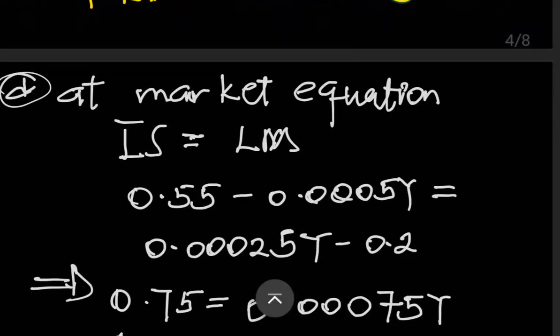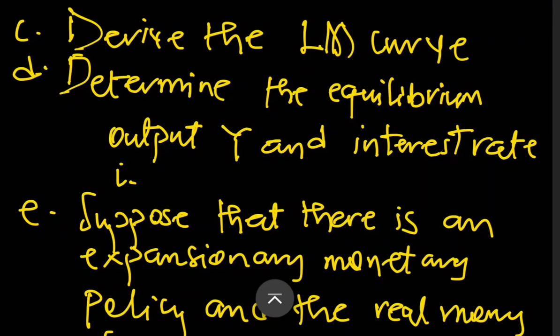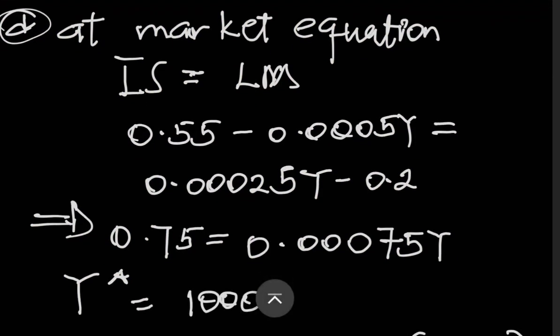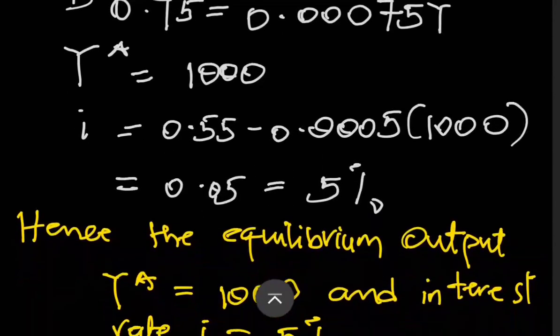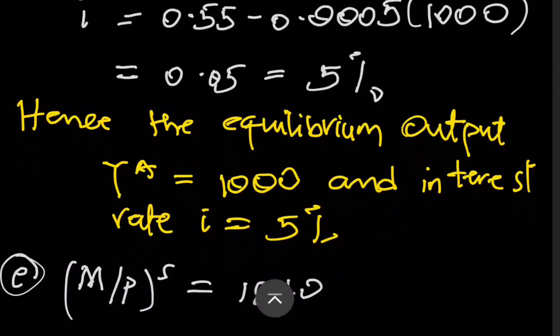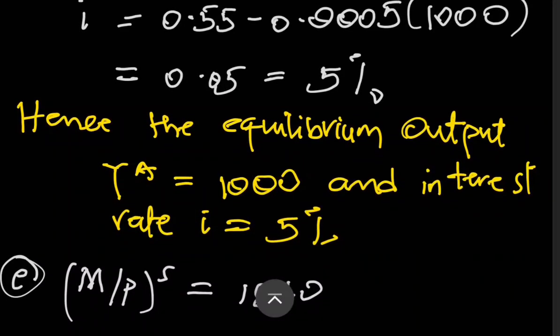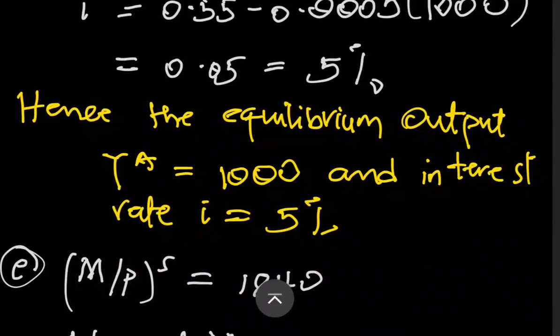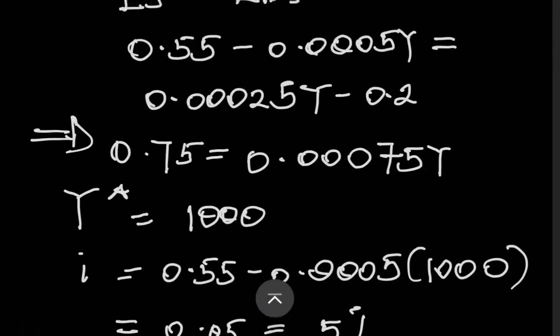And D also says you have to determine the equilibrium output Y and interest rate. Realize that the IS will be equal to LM, then equate both of them. When you equate, you realize that the equilibrium output will be equal to 1000, and also the interest rate i will be equal to 5%.